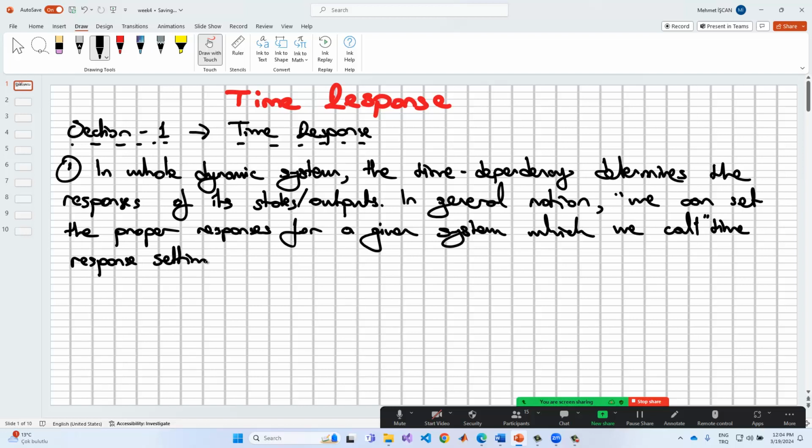Okay, and so if we want to adjust our response for a given input, then we can call it the time response settings.